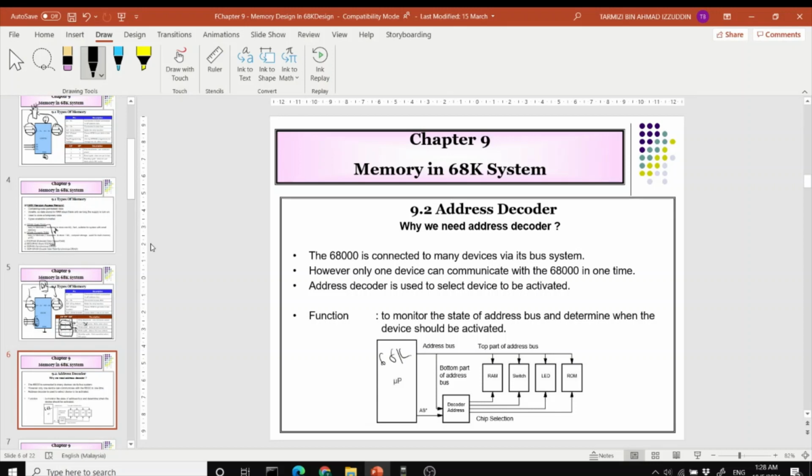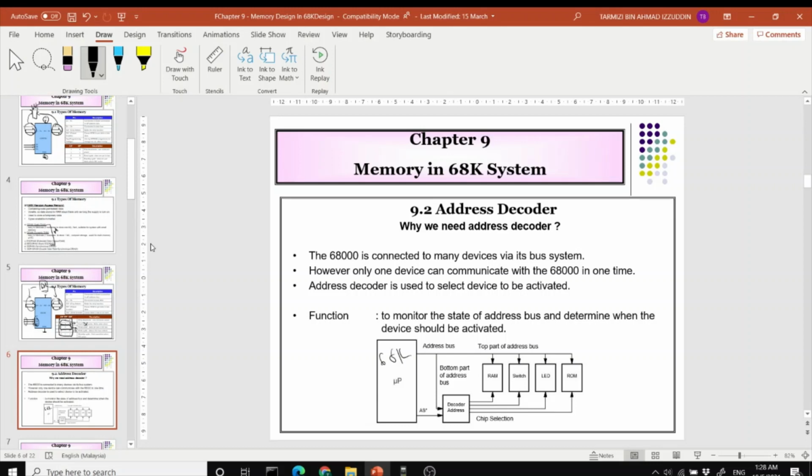We have your RAM, and then we have your switch, the LED, and ROM. So these are all of the peripherals and devices that are connected to your microprocessor, all via the same address and data bus.